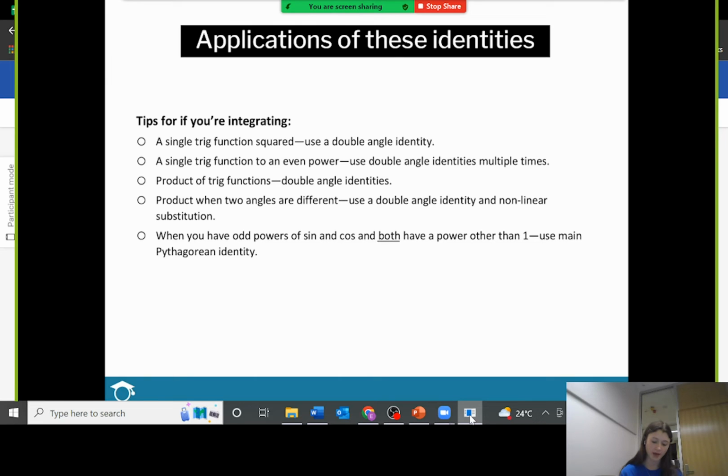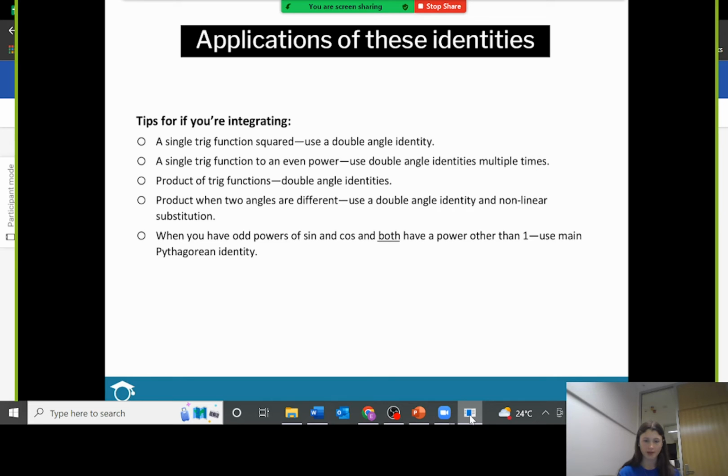If you have a product where the two angles are different, so maybe you have sine of theta and cos of alpha, use a double angle identity, and you can also use nonlinear substitution for that one. And if you have odd powers of sine and cos, like a product of sine and cos with odd powers, which are both other than 1, then you can use the main Pythagorean identity.